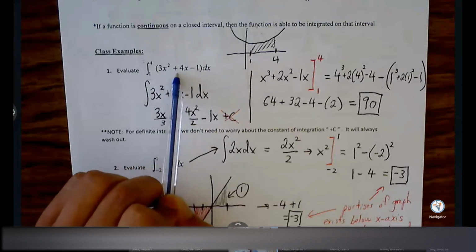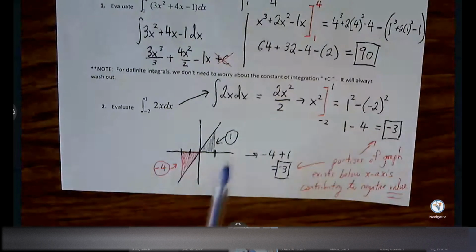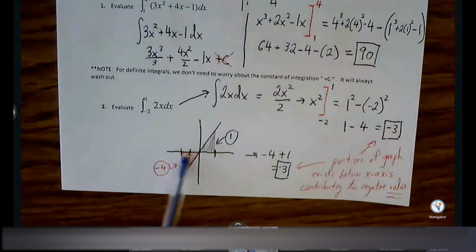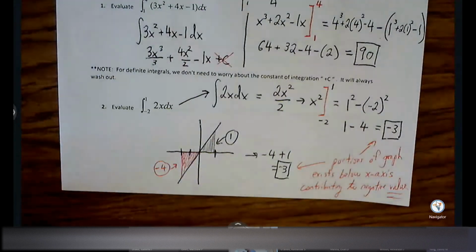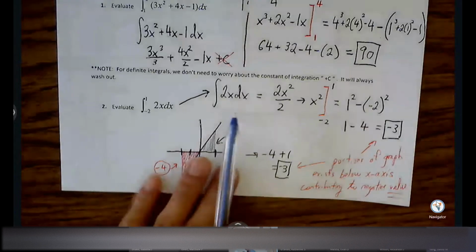Okay. Now I keep saying area, but sometimes it may not be the area. It may be area-related information, but not completely area. So we may get a negative number, and that negative number just means that we have accumulations of values below the x-axis that are more than the accumulation of values above the x-axis. So it's possible to get a negative value.